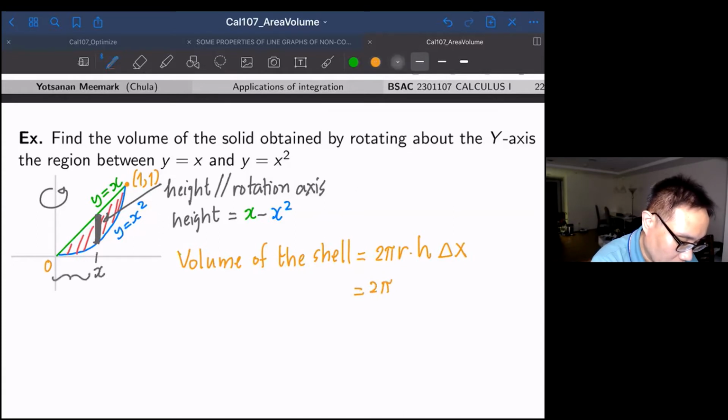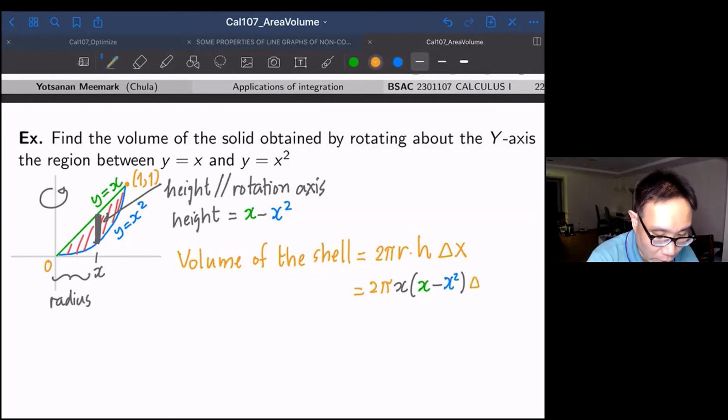So this one will be the radius. And the height in this case will be just the green guy subtract the blue one, x squared, and this one will be your delta x. Okay, so this will be the volume of the shell.